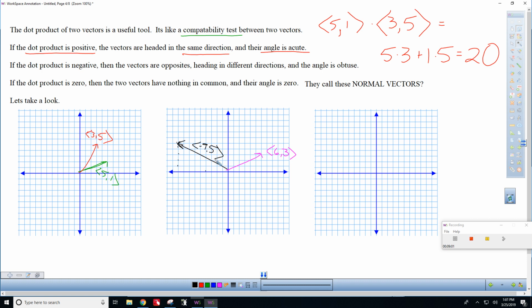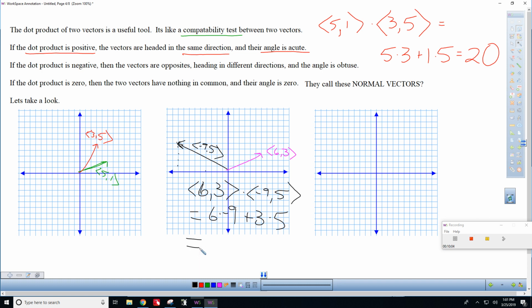Let's find the dot product. So 6, 3 dot -9, 5 is 6 times -9 plus 3 times 5. So that looks like a matrix multiplication to me.